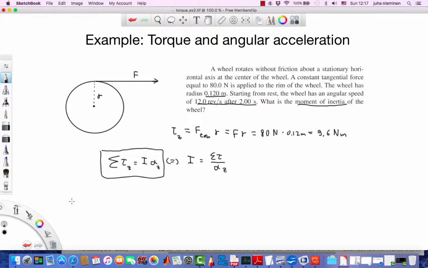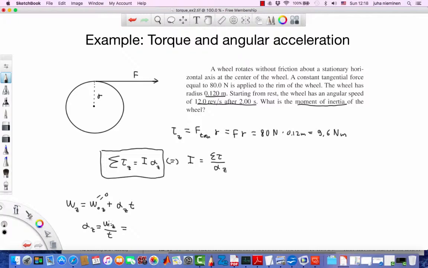So that is constant angular acceleration, for which we have the relationship omega z is the initial omega z plus constant angular acceleration times elapsed time. And this is 0, so we get for angular acceleration to be simply omega z at some time t divided by the time t itself.